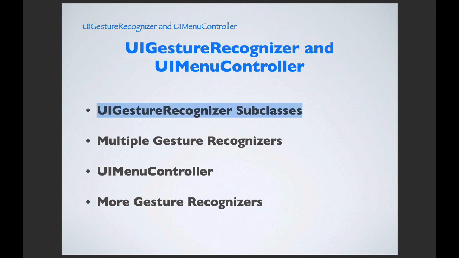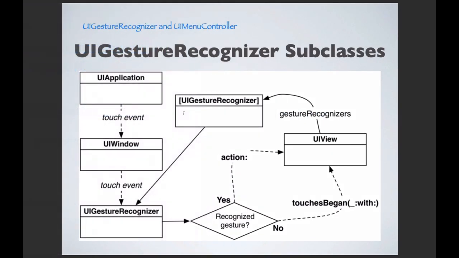UIGestureRecognizer subclasses. You do not instantiate UIGestureRecognizer itself. Instead, there are a number of subclasses of UIGestureRecognizer, and each one is responsible for recognizing a particular gesture.